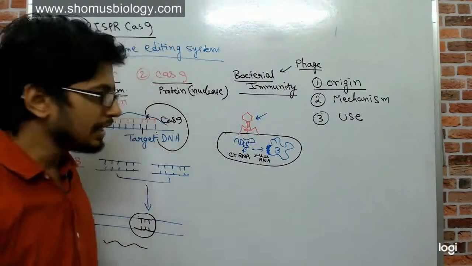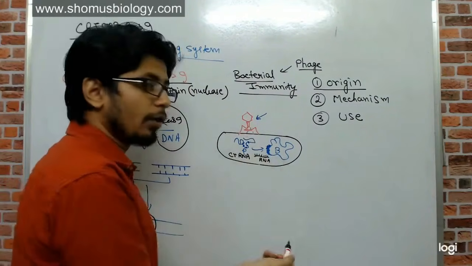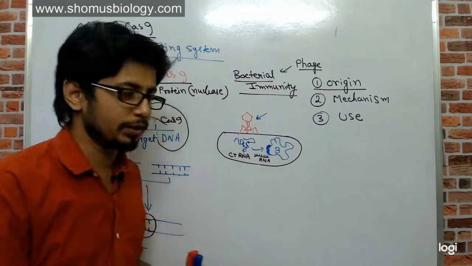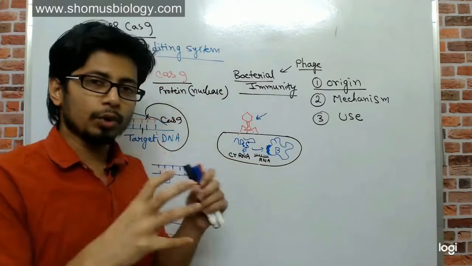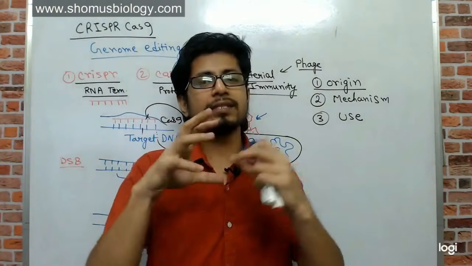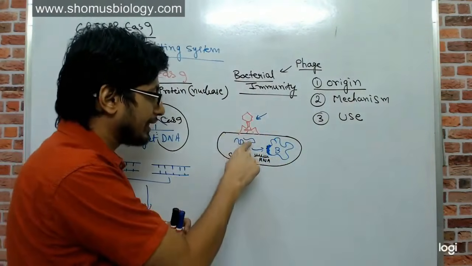This CRISPR RNA is produced along with a Cas9 protein, which is also produced by the bacteria. So Cas9 and CRISPR RNA together form a complex, and that complex is going to interact with this specific region.